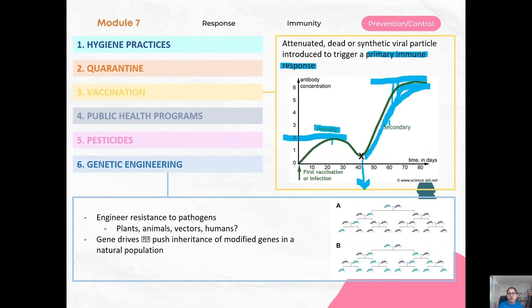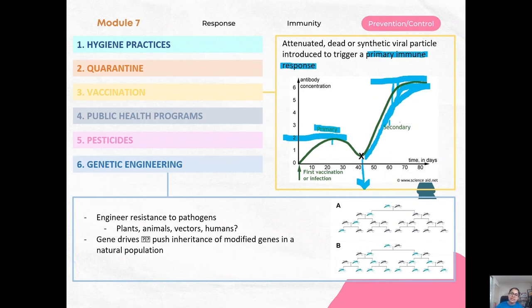So when it comes to prevention, treatment, and control, some really important things include hygiene practices. So washing your hands, putting an elbow up when you're coughing or sneezing and not just sneezing normally. You'd remember this from COVID-19.